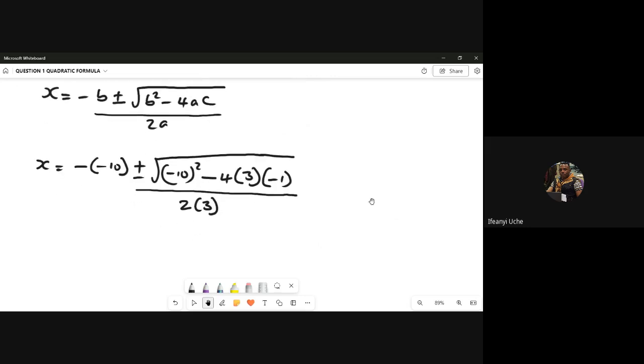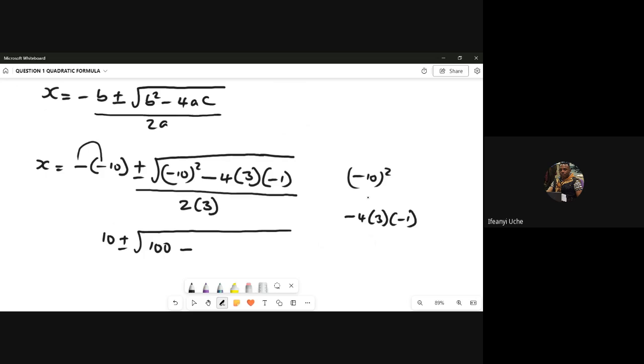Then when you have this, some learners start punching their calculators to get the answer. At times they make mistakes in the process. If possible, take it one at a time. You can see here there's negative times negative, which gives you positive, plus, minus. Then -10 all squared. You remember you did this in lower grades, which gives you 100. Then minus, you can look at this -4 and treat them holistically this way. -4 times 3 and then -1.